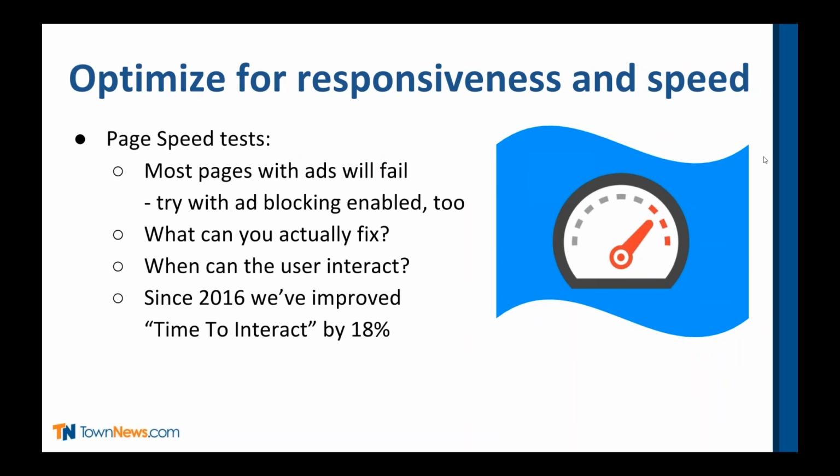One thing in terms of expectations when you run those types of tools: essentially any publisher page that has multiple ads on it or widgets or programmatic ads on it will most likely get a very low score. That's just because ad technology in general is very resource intensive.